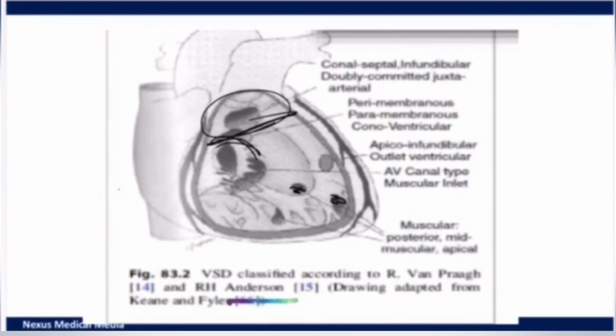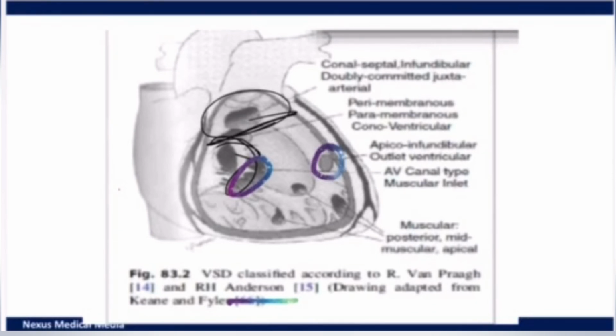Then we have the third image here, right? Of course, many defects are present. Then this was the next one. What is it? It is near the apex, of course. So we called it outlet ventricular septal defect. Then look again. Are you sure?